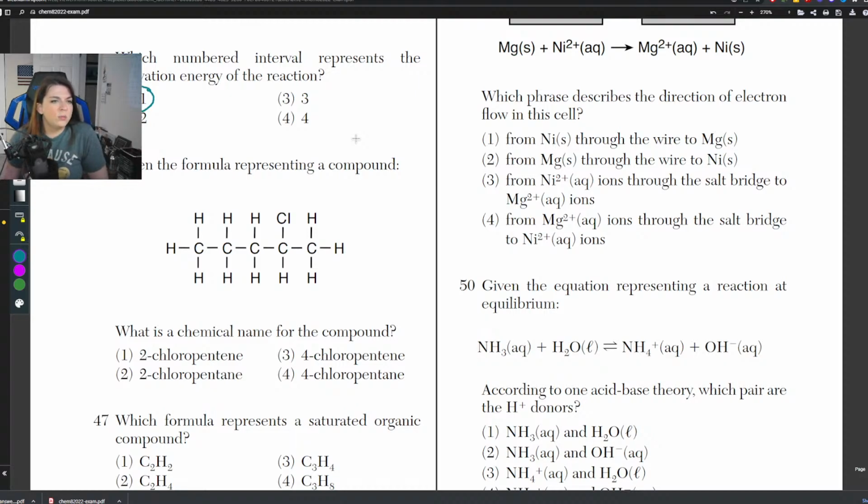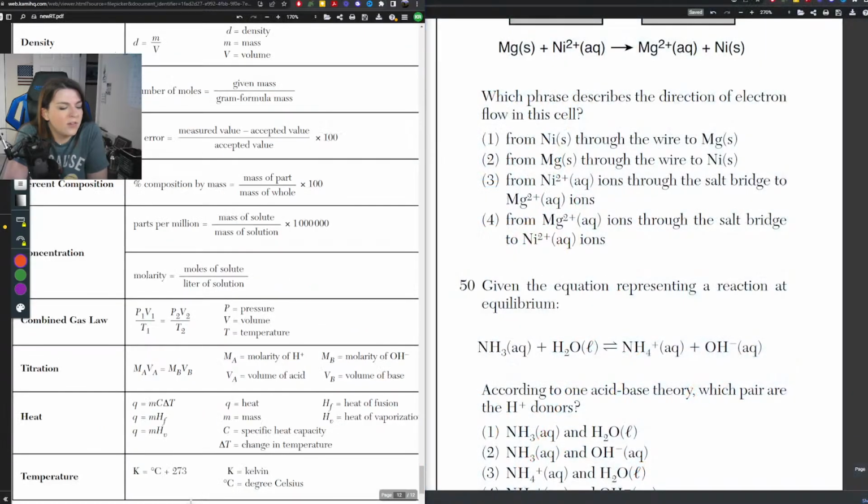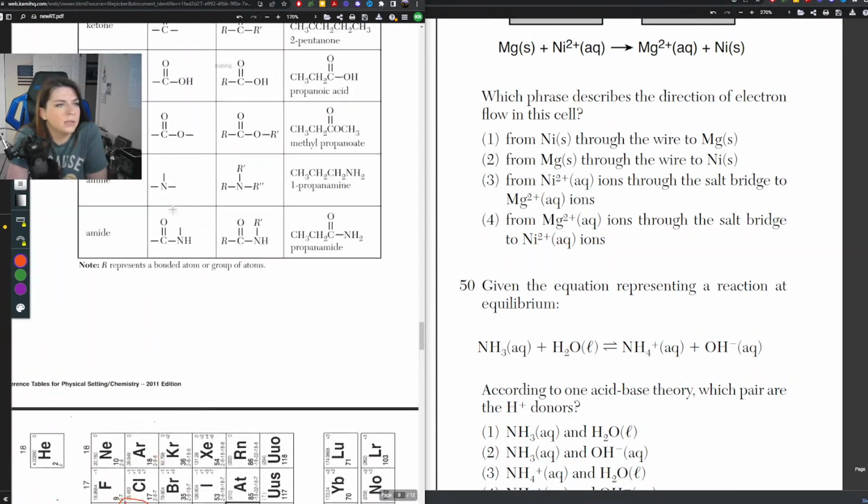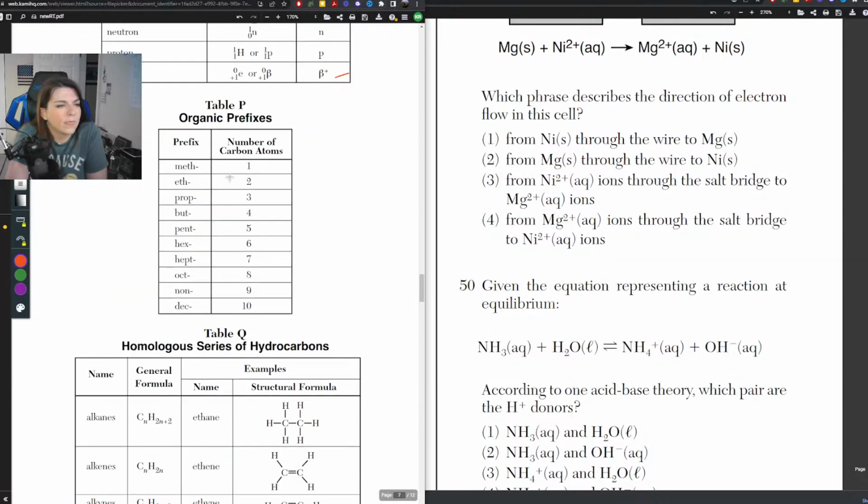46. Given the formula representing a compound, what is the name? Okay, obviously this is a pentane because we have 1, 2, 3, 4, 5 carbons and they're all single bonds. If we have 5 carbons, let's go check out those organic tables. 5 carbons, we're looking at pent.